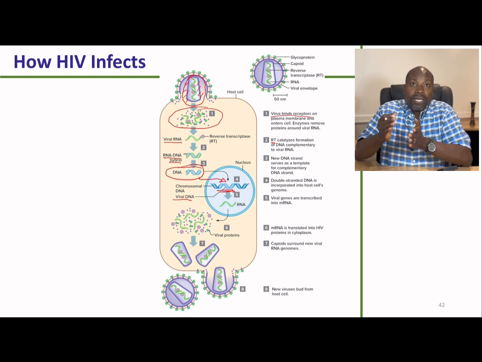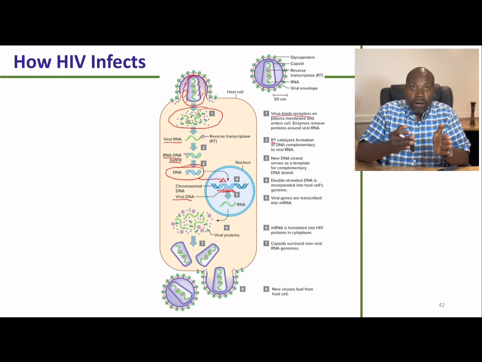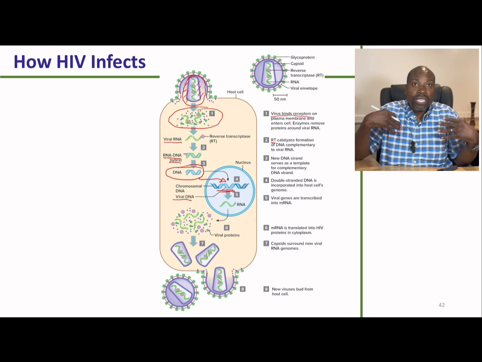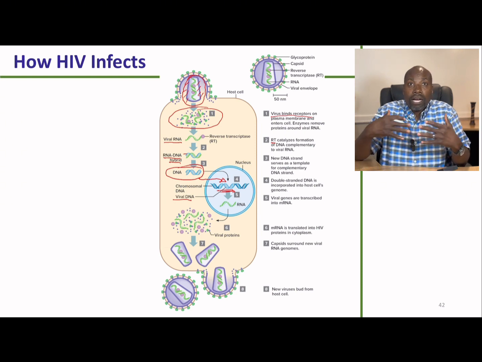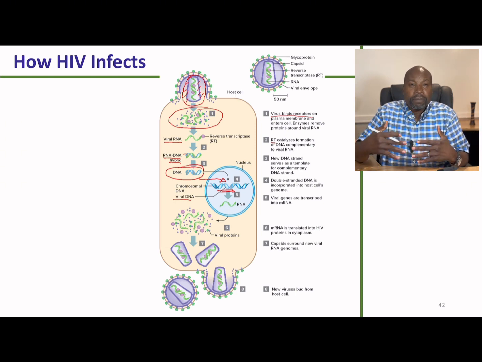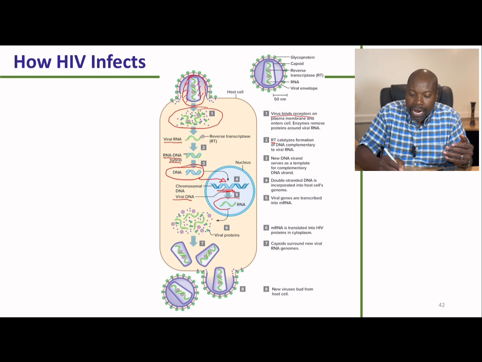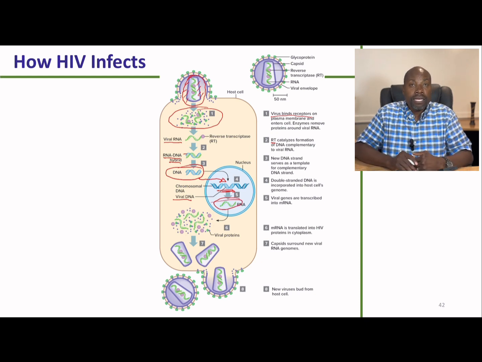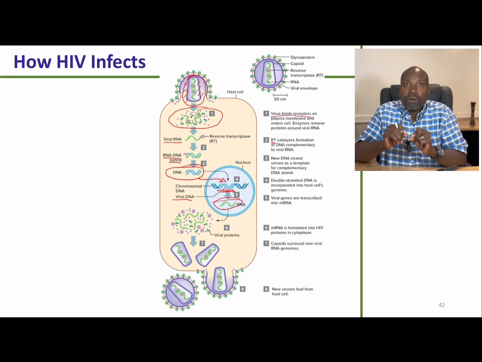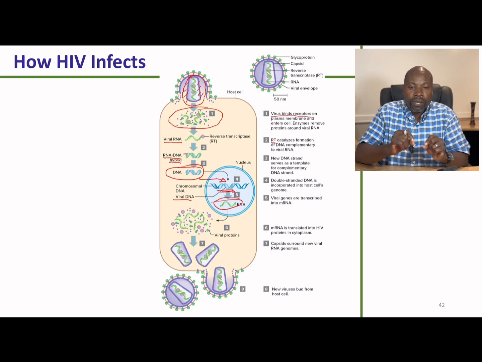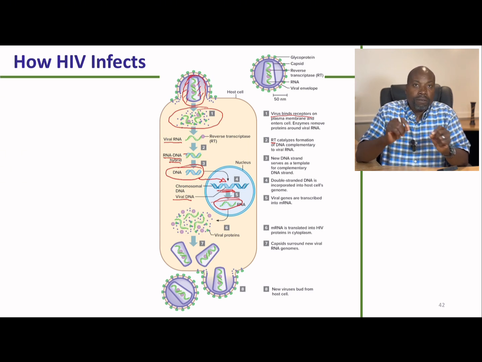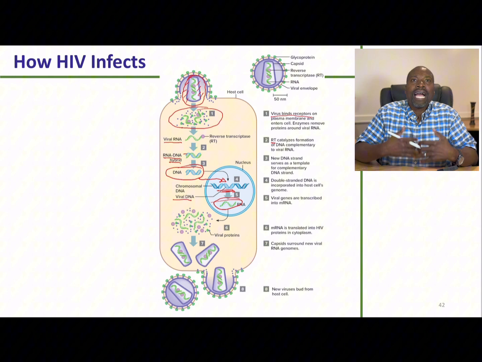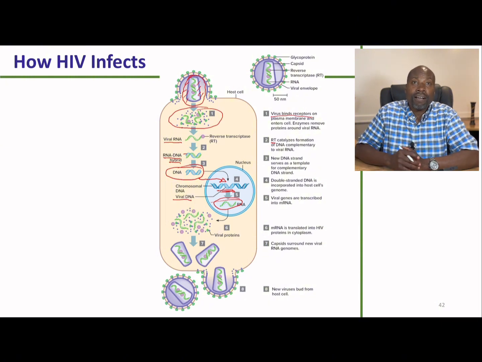Because the viral DNA is much smaller than our genetic information, very quickly we are going to have a bunch of viral messenger RNA, which means that the frequency of expression of the genes of the virus is going to be much higher than the frequency of expression of our own genes.